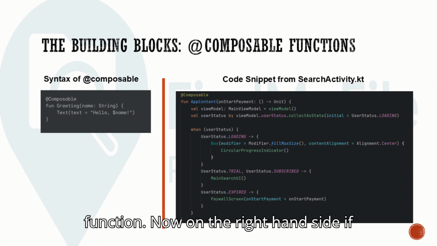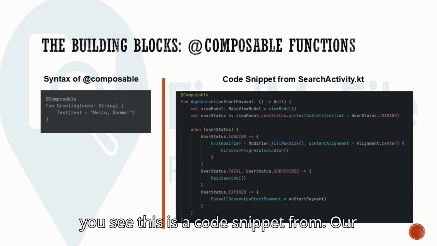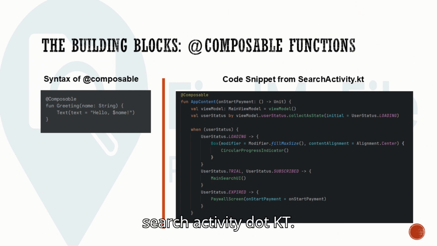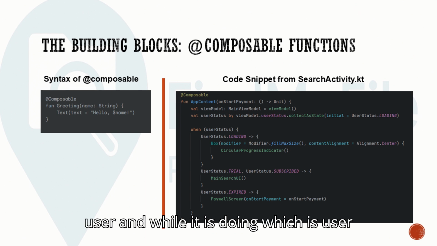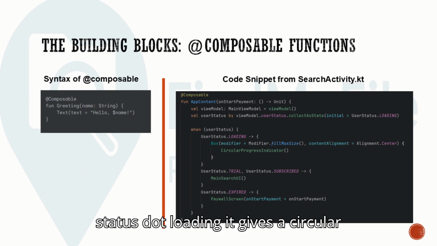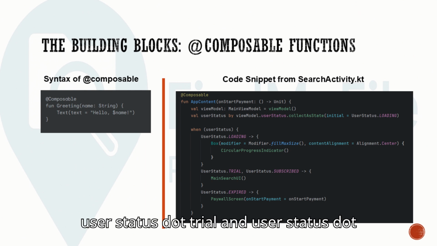Now on the right hand side, this is a code snippet from our SearchActivity.kt. What it is doing in this code is first checking the status of the user, and while it is userStatus.Loading, it shows a circular progress indicator. That's the first case after when. The second case is UserStatus.Trial and UserStatus.Subscribed.